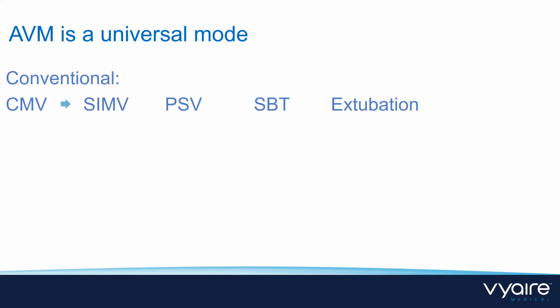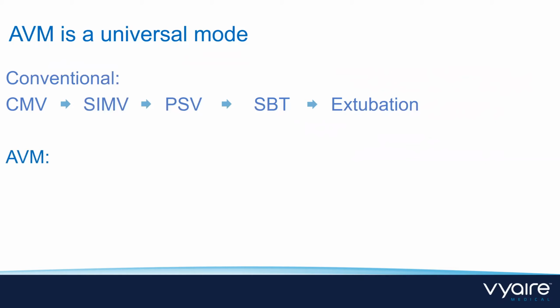And if he's stable enough, you would do another switch to a pressure support mode, for example. And if the patient is stable enough there and there's 100% spontaneous breathing, you might consider trying a spontaneous breathing trial. And if this is successful, you do an extubation for the patient.